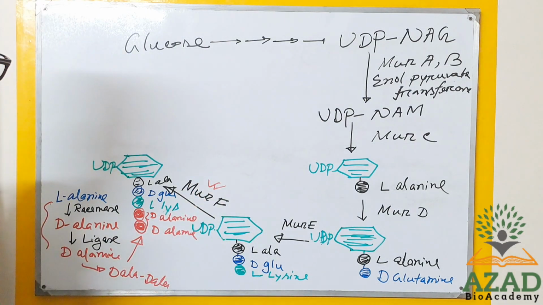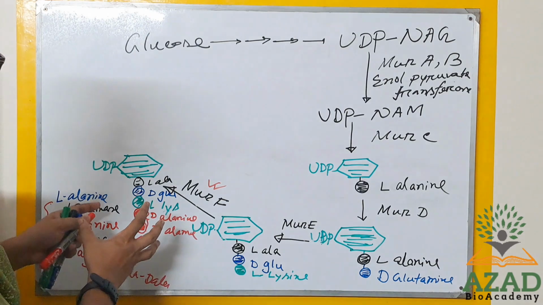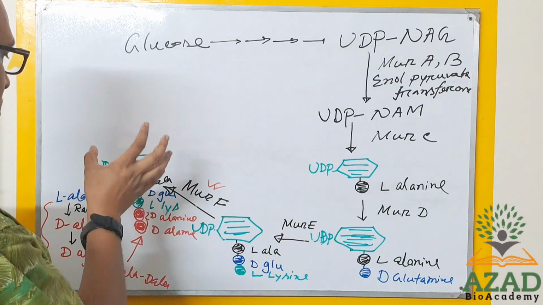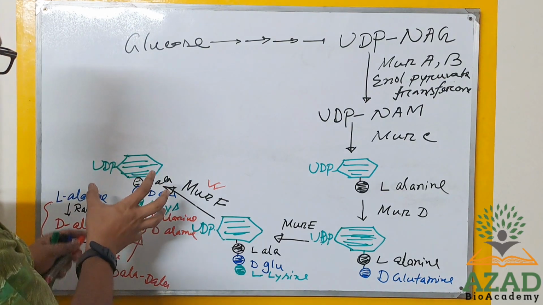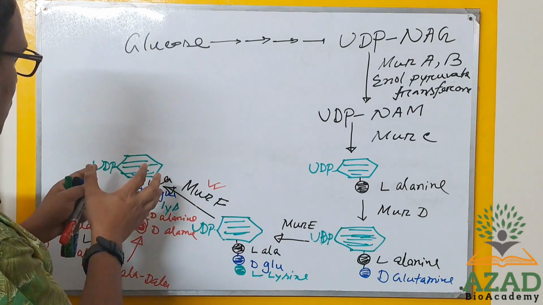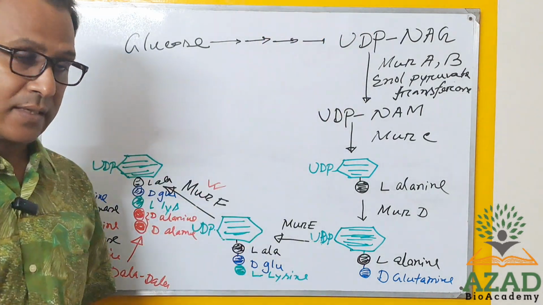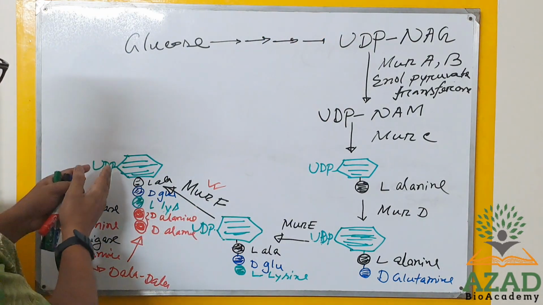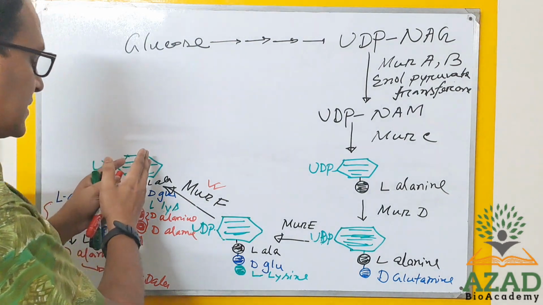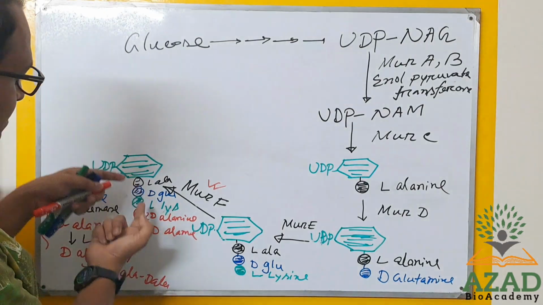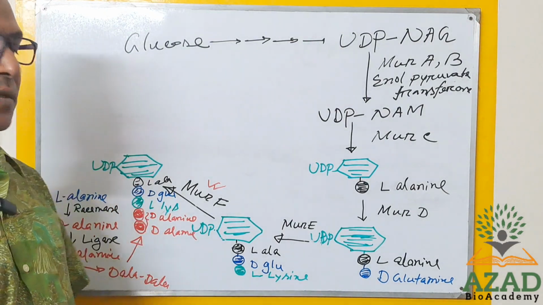Okay, so this is the one basic unit or basic molecule, which will contribute to form peptidoglycan. So this is the UDP N-acetylmuramic acid, which is now carrying a pentapeptide.